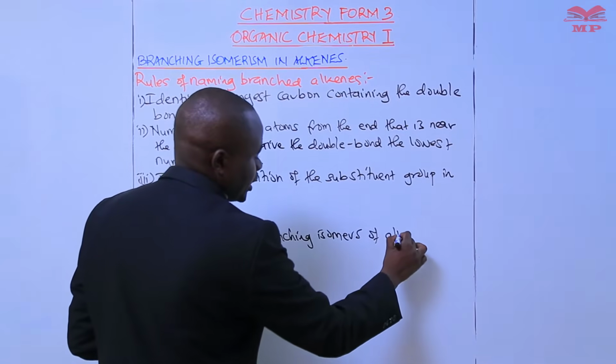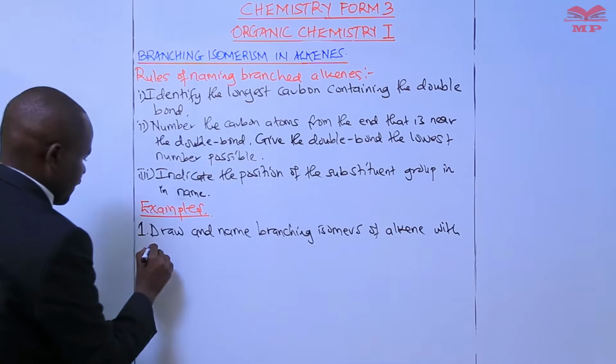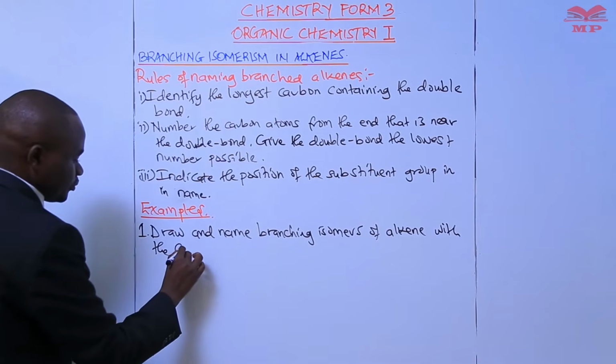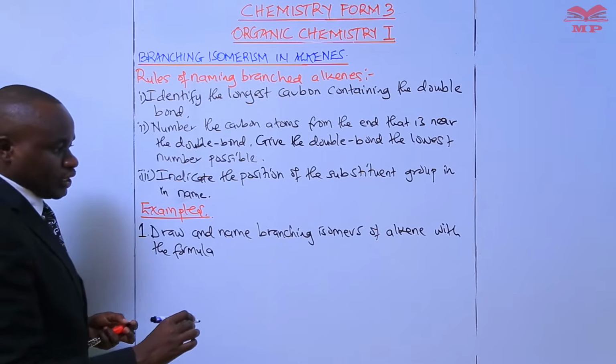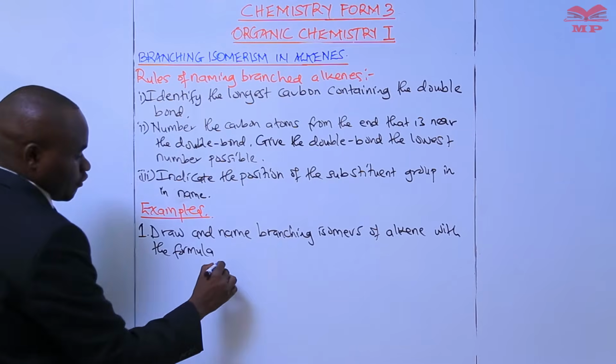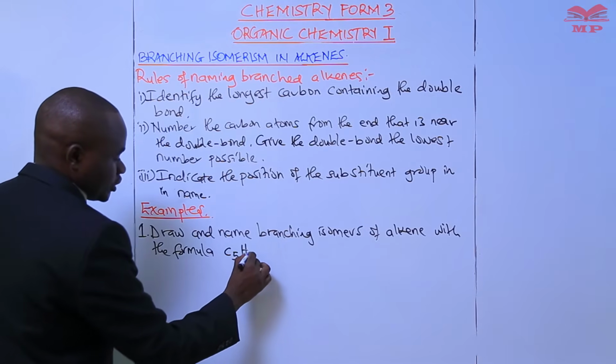Draw and name the branching isomers of alkene with the formula C5H10.